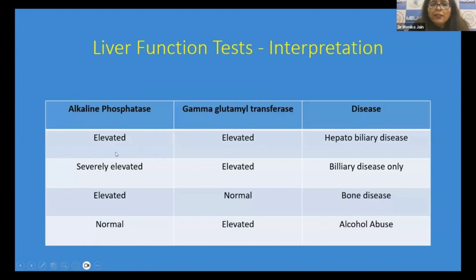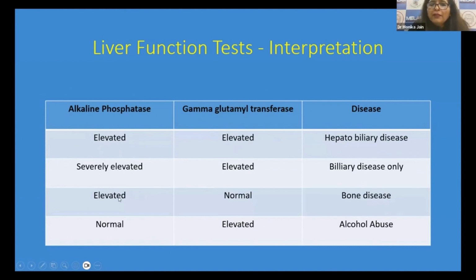If alkaline phosphatase is raised too much and the gamma GT is also raised, look for biliary diseases, because generally in hepatic injury, alkaline phosphatase is not raised too much. So if ALP is raised to a bigger level and gamma GT is also raised, look for biliary disease.